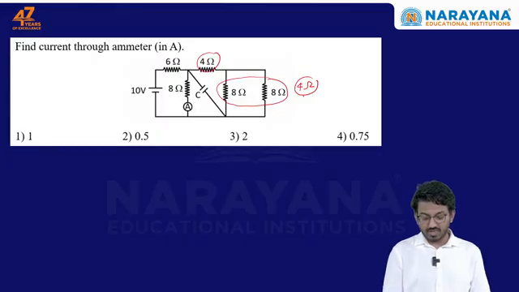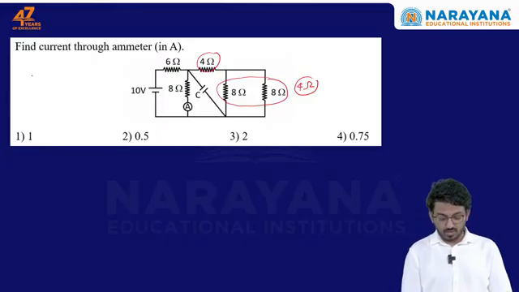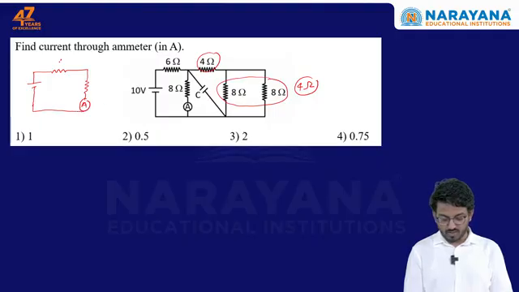So this circuit can be slightly modified into this form. So this is what we have: 6 ohm, 10 volt, 8 ohm, and the remaining resultant being 8 ohm here with a capacitor in between.